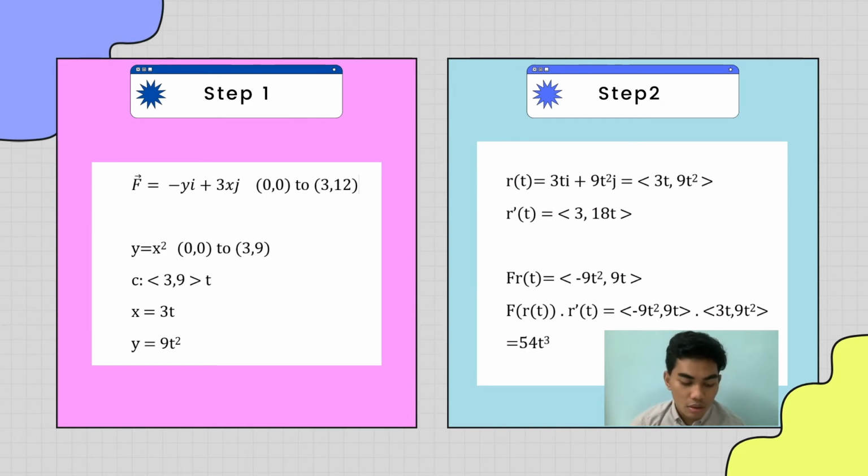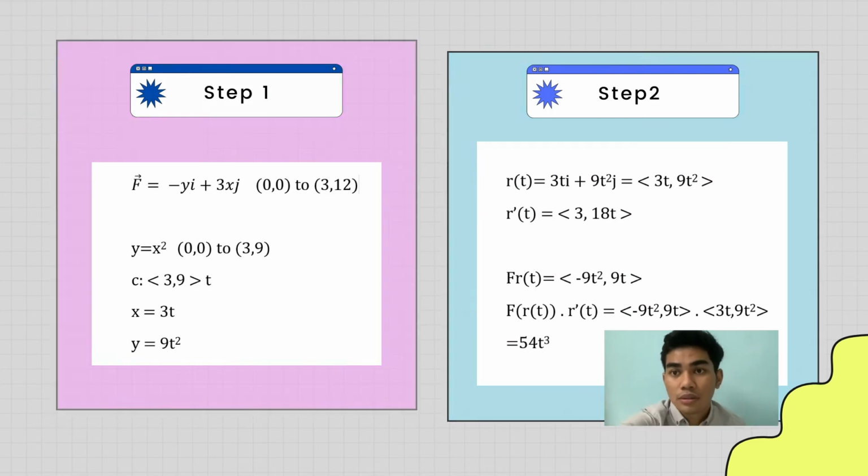Next, combine F(r(t)) and r'(t) using the dot product to find the final answer. F(r(t)) dot r'(t) equals 54 t to the power of 3.